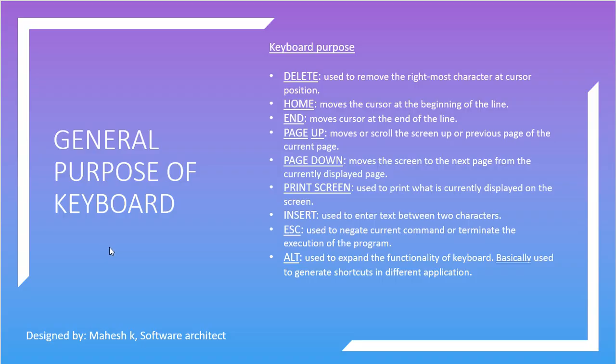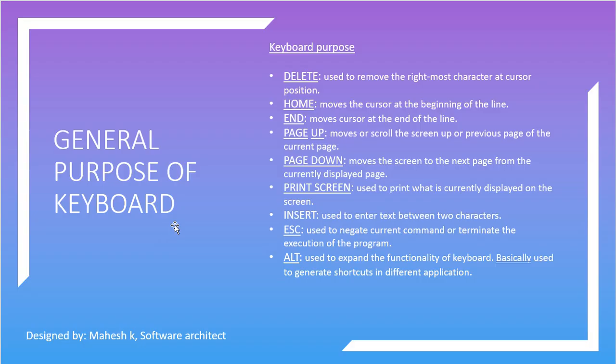The general purpose keyboard also has the delete key, used to remove the character to the right of the cursor position. Home moves the cursor to the beginning of the line. End moves the cursor to the end of the line. Page up scrolls the screen to the previous page.